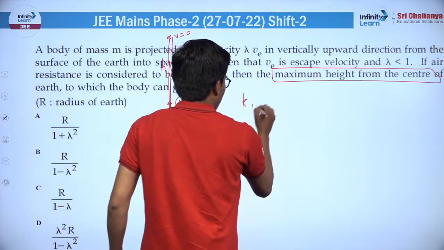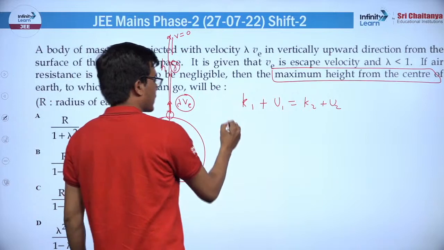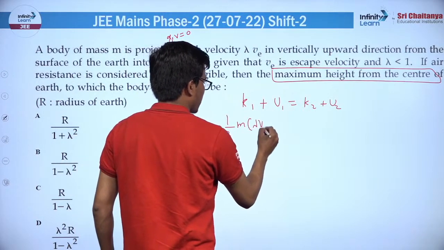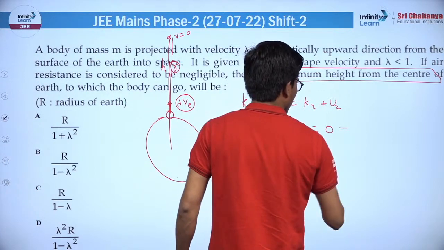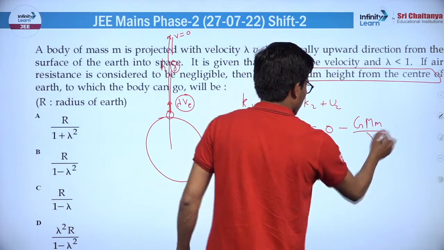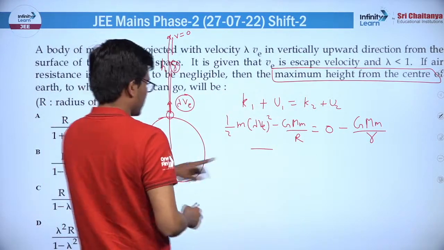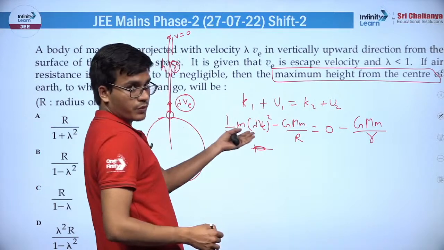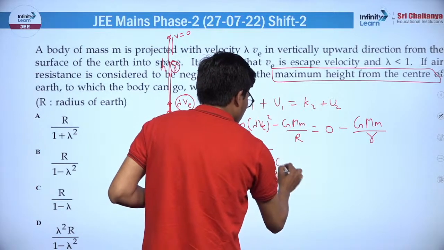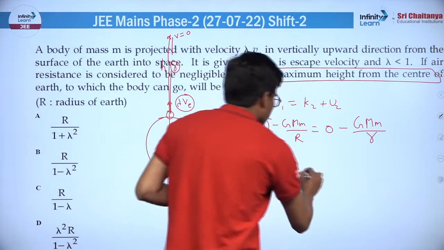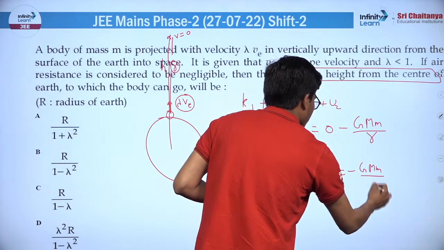So again, energy conservation, this question has been asked in the morning shift also. Initial kinetic energy is half m lambda ve squared, initial potential energy is this, final kinetic energy is 0, and final potential energy is this, right? Now you know that escape velocity is written as root 2GM by R, so I can write like this: minus GMm by R is equal to minus GMm by small r.